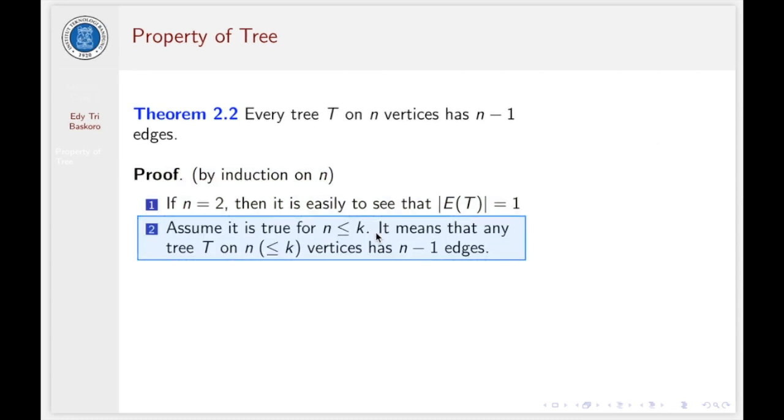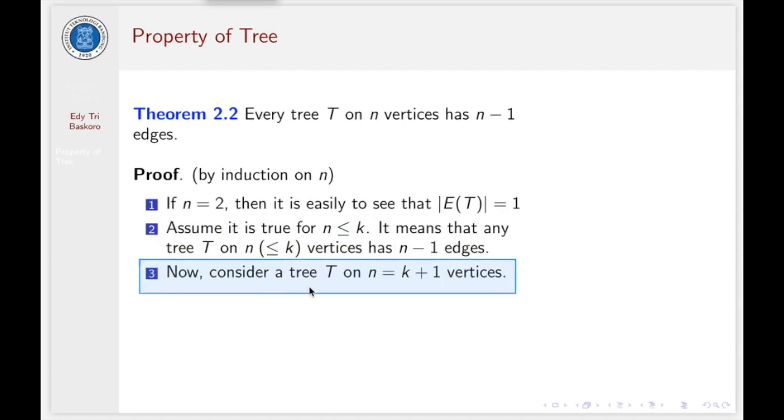And then assume the theorem is true for n less than or equal to k. It means that any tree on n vertices, with n less than or equal to k, has n minus 1 edges. Now, take any tree on k plus 1 vertices.